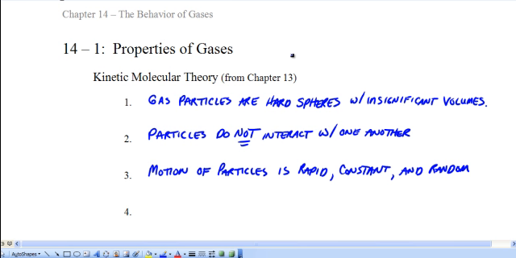And finally, number four, all collisions are perfectly elastic, meaning they do not lose energy when they collide with one another.